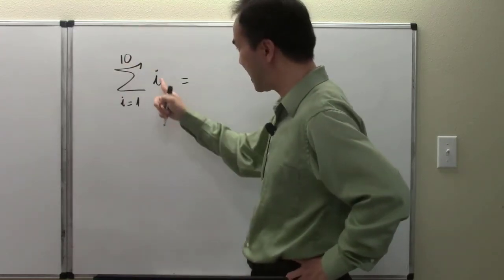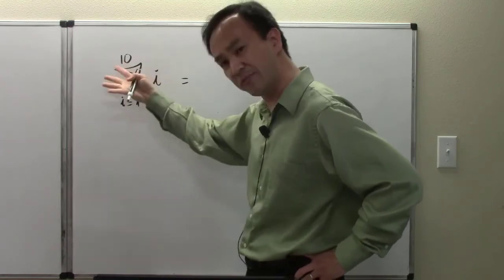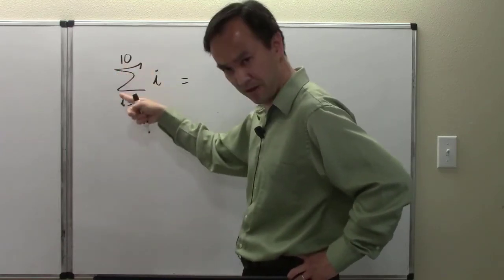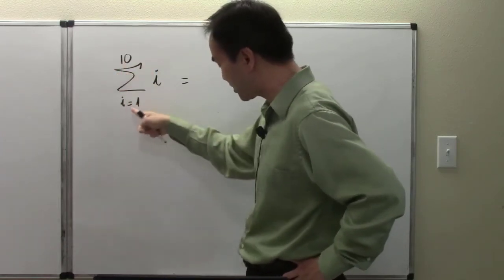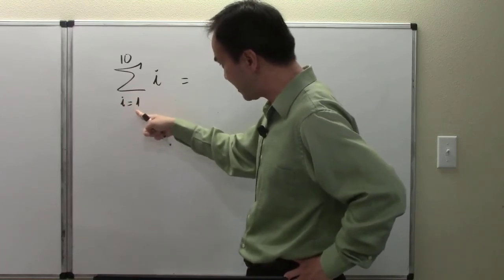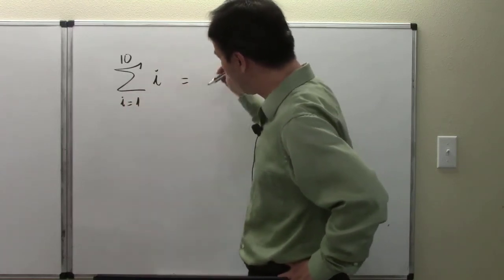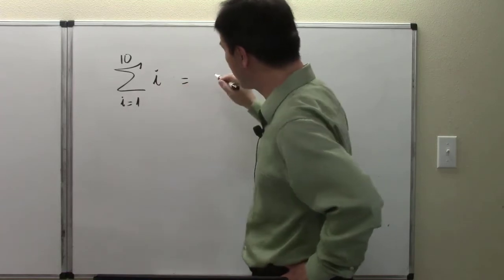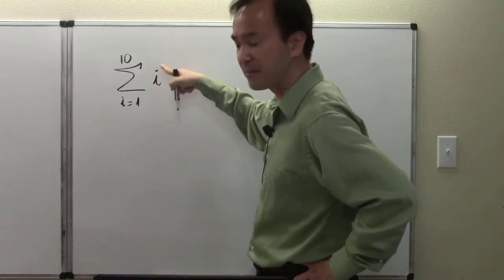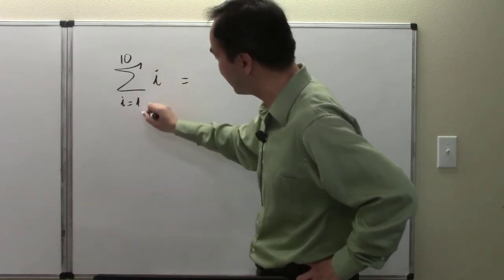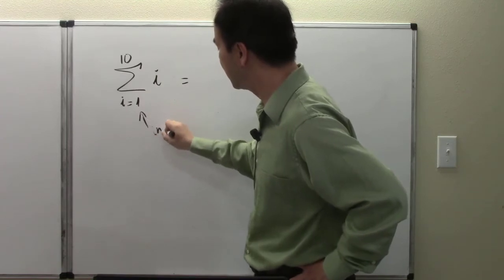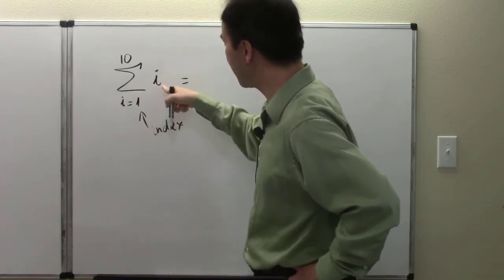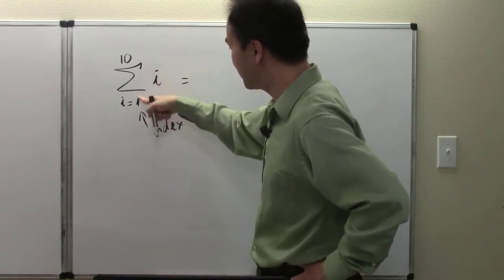As a brief reminder, this summation notation means we're summing up all the terms. This index right here indicates the first term, and any term at any index has its value determined by this formula, by that index value.